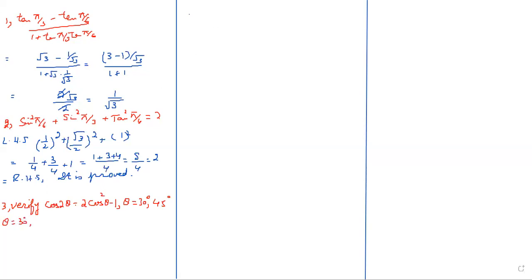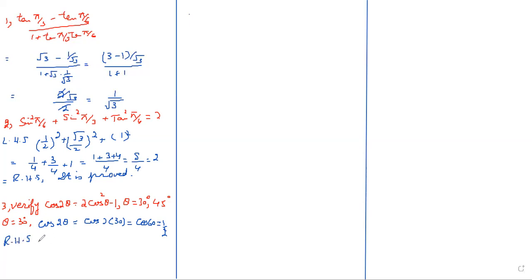We have cosine 2 theta equals cosine 2 times 30 degrees equals cosine 60, which equals 1 over 2, which is our left hand side. Okay, 1 over 2. Now just take the right hand side.